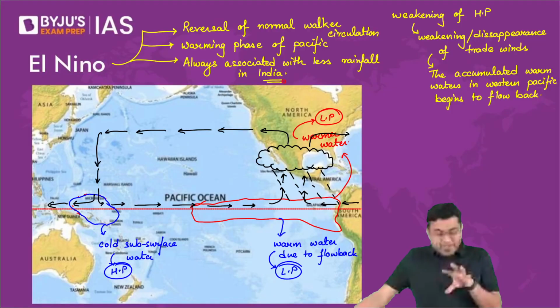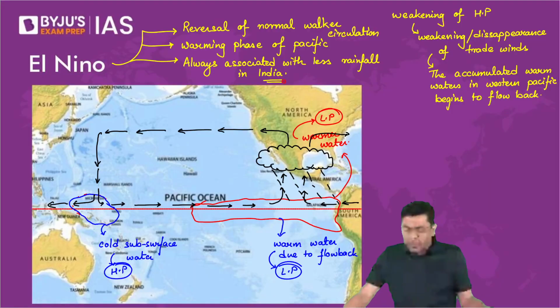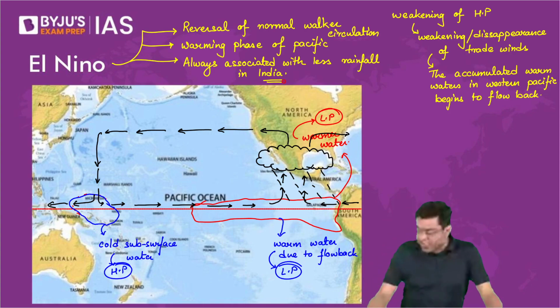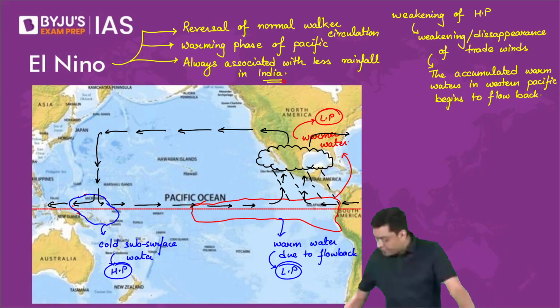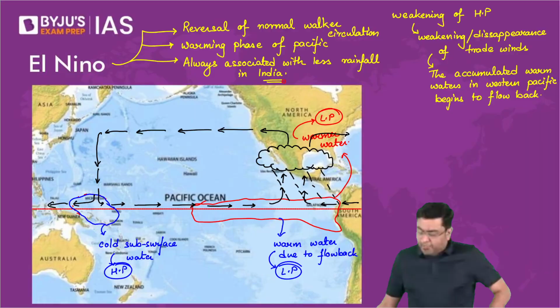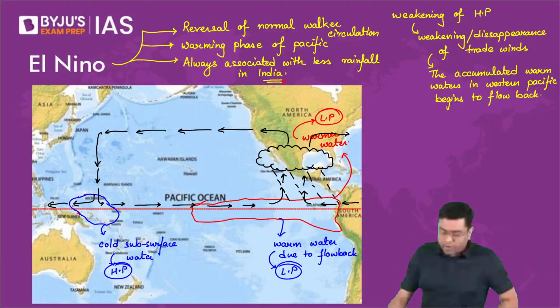Okay, so that is the basic perspective of El Nino. Now, if I ask you a question that we have not covered yet, which generally you cover in the portion of current affairs, but I want you to think about it and get an answer or a reply about it.